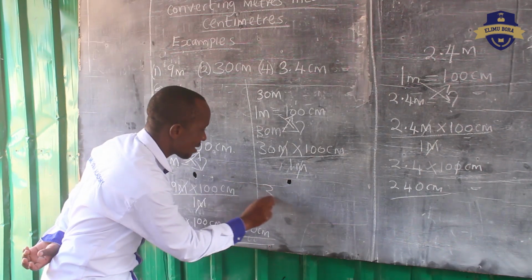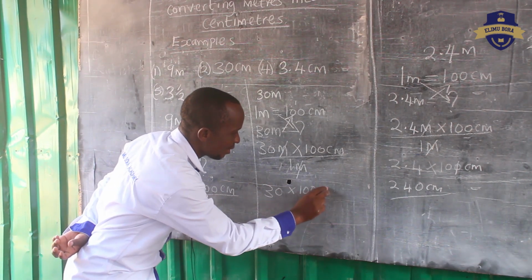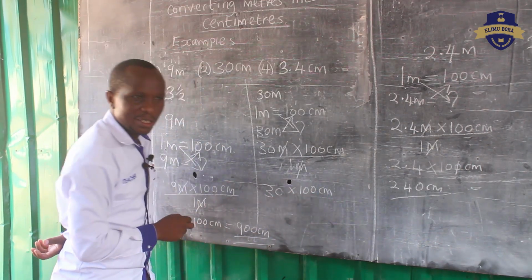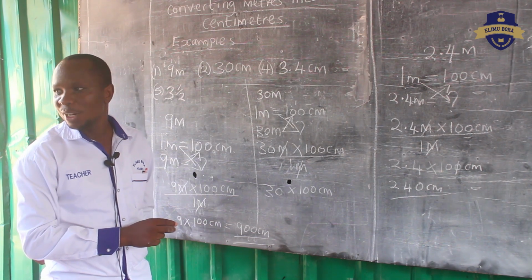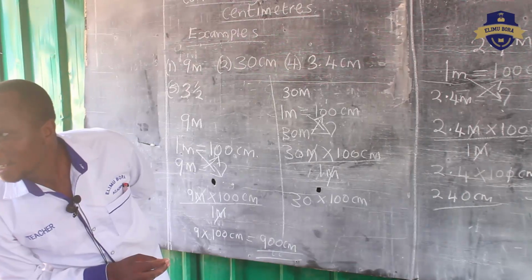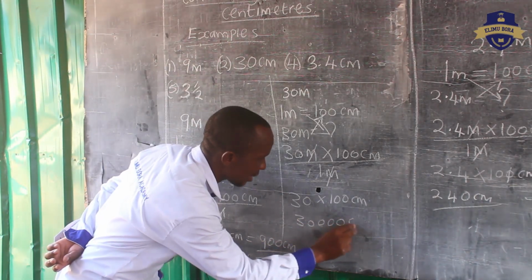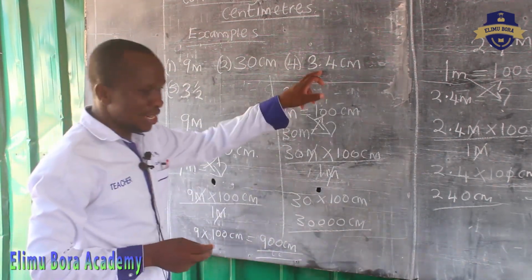So you remain with 30 multiplied by 100 centimeters. What will we get? Safia? 3,000 centimeters.